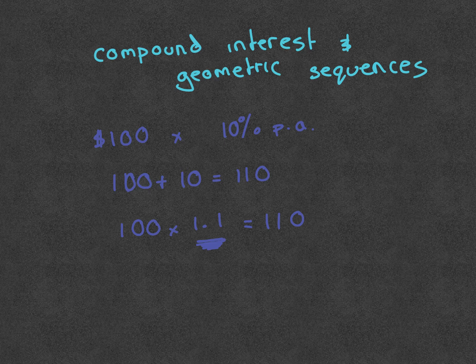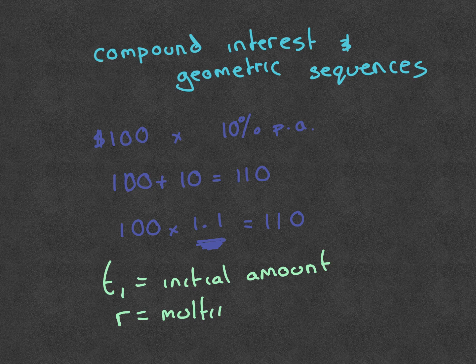Okay, so what we can say is that, again using the same symbols, T1 is going to be the initial amount of money, and then we're going to have R, which is our multiplier in this case. This is the same as our common ratio that we saw previously. It's the percentage or the amount that each number in the sequence is increasing by each time.